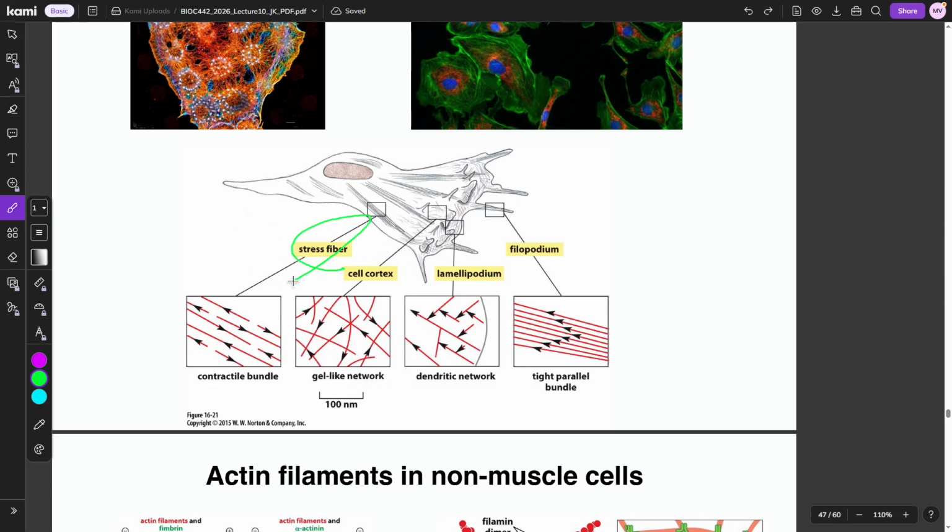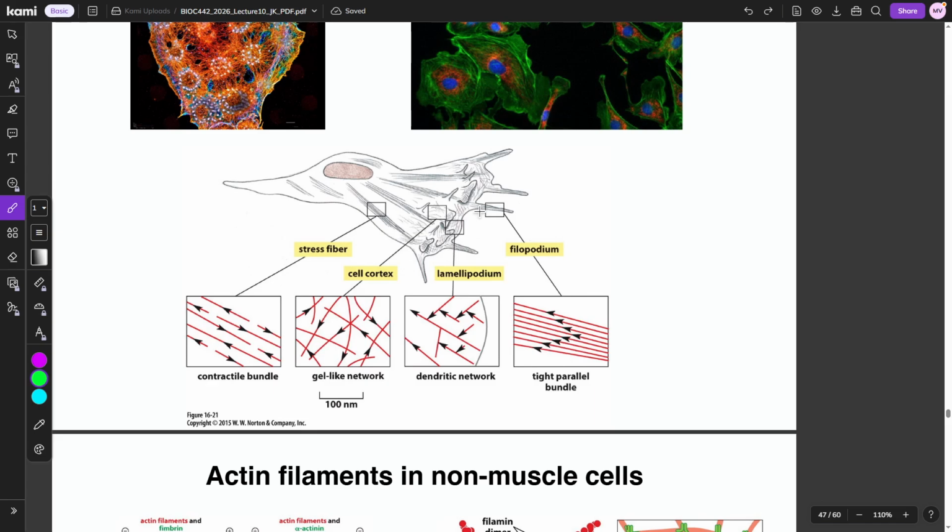Like stress fibers here, it makes up stress fibers. Stress fibers are how the cell resists pressure, if you will. There's also the cell cortex, which helps organize the cellular compartments. Dendritic networks and filopodia help make protrusions, and maybe these protrusions are helpful in certain things.